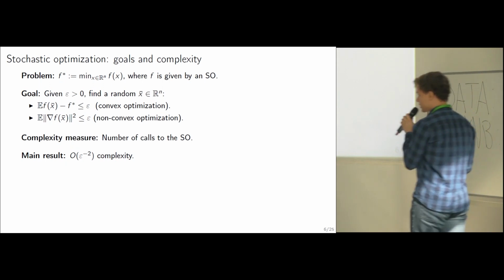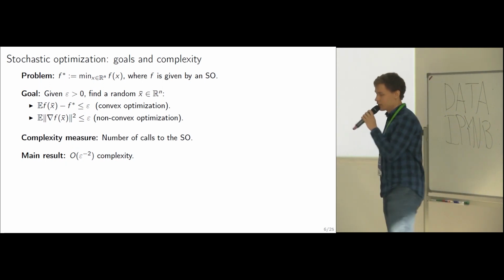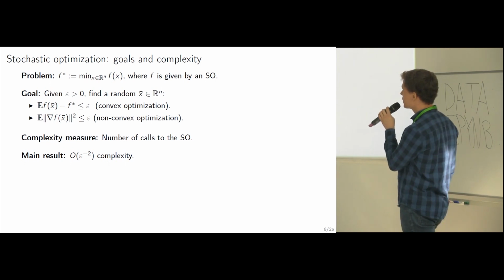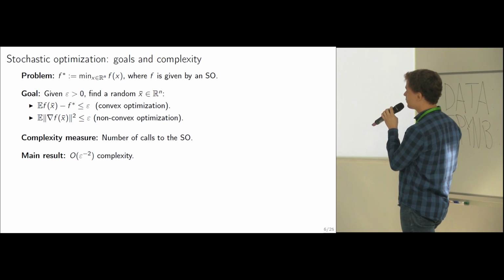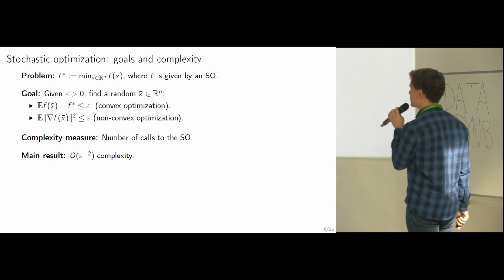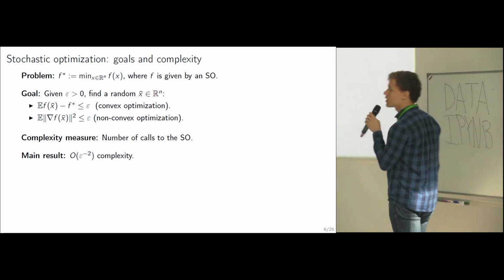And the main result that we will discuss in the lecture is quite surprising. It turns out that a stochastic optimization problem can be solved using only epsilon to the -2nd stochastic gradients. Why is this surprising? Yes?